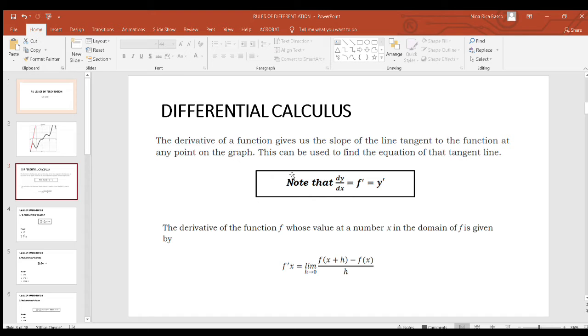So, dito sa slope of the line tangent, derivative helps us to find the rate of change of the slope or yung rate of change of output, which is the y, with respect to the input, which is the x. As you notice, yung symbol natin ng derivative of a function is dy over dx.